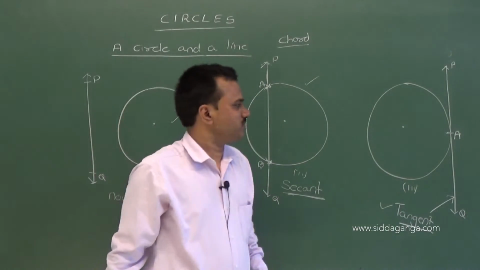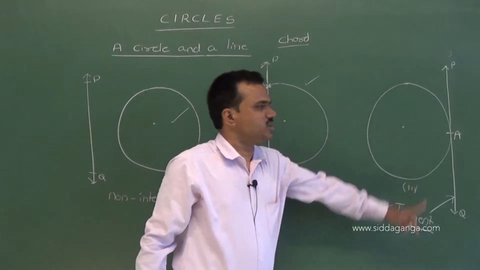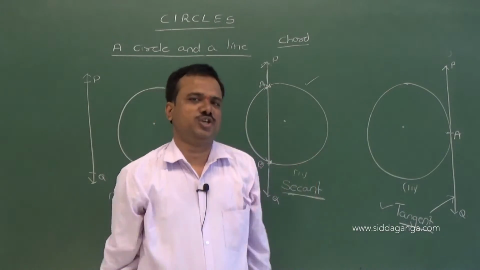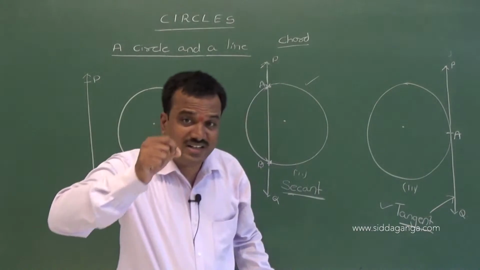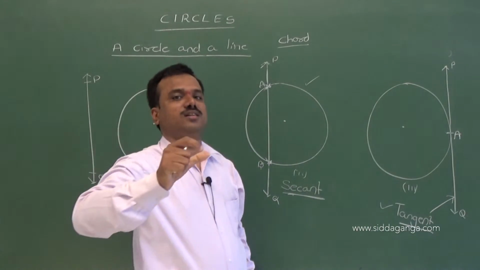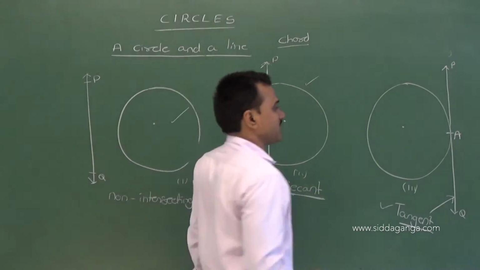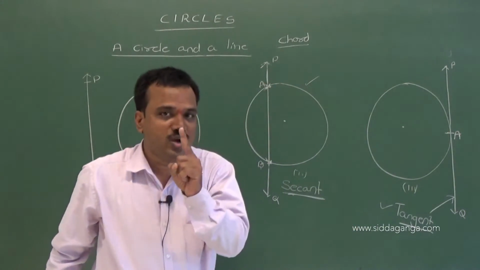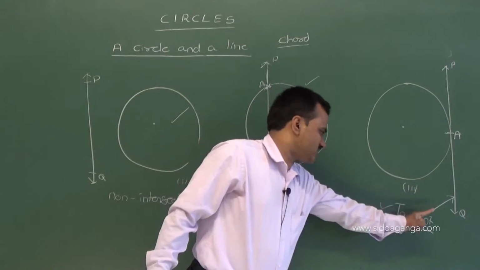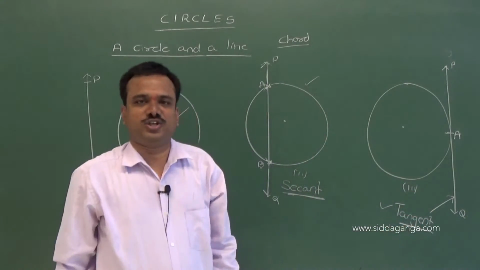Once again I explain. Define tangent. A line segment PQ intersects the circle at only one point. Then that line segment we call a tangent.